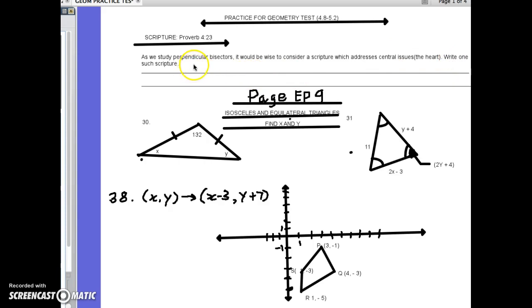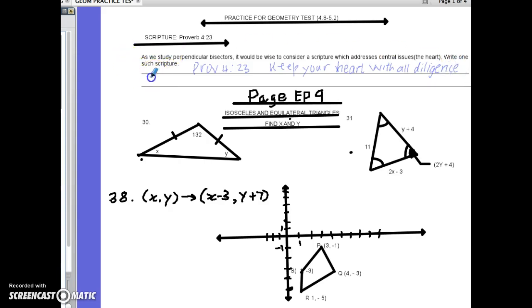This one scripture would be Proverbs 4:23, and this says, "Keep your heart with all diligence." Heart being the center of our lives.